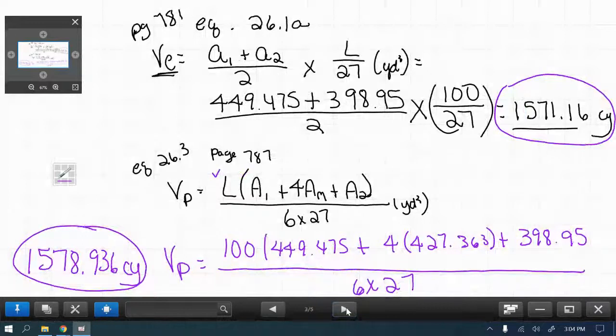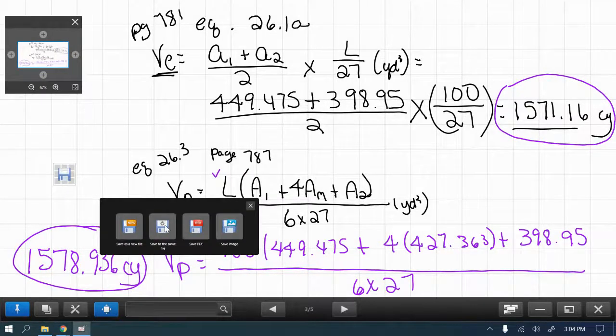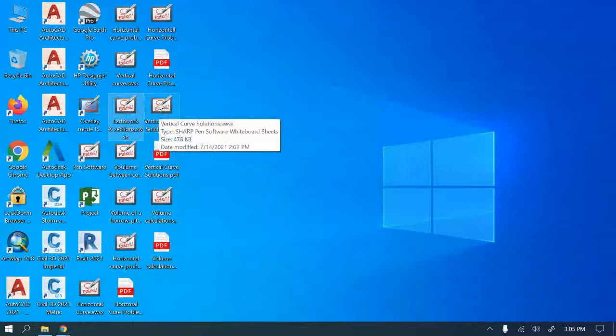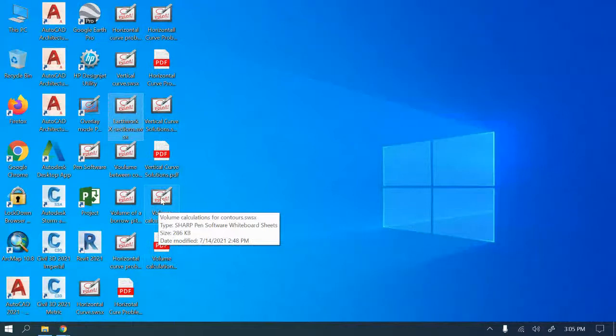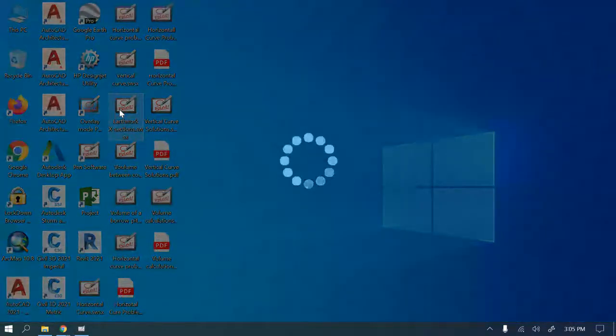Would be the areas. I am going to save this one.